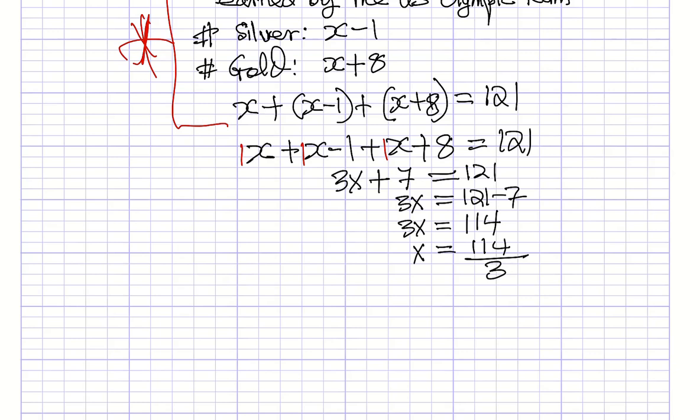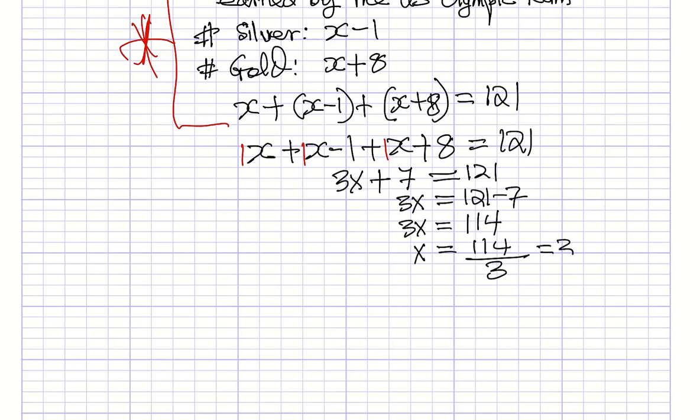That's what that means. I think that will give you a whole number. Go ahead and carry out that division. 114 divided by 3, yeah, it will give you 38.